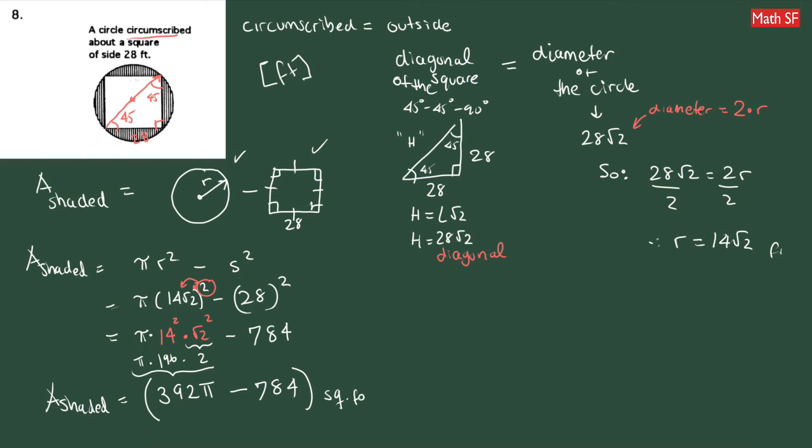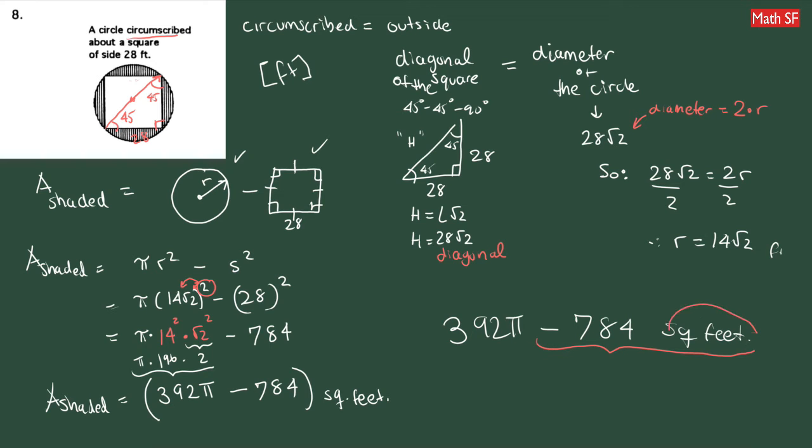Now, one of the questions the student asked me is, why do we need to put parentheses here? The reason is, if I don't put the parentheses, so if I just say 392 pi minus 784 square feet, I'm actually saying 392 pi without units, minus a square feet, minus 784 square feet.